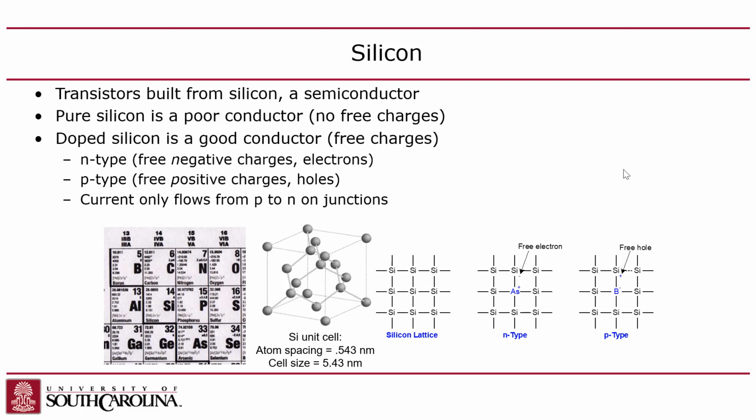What happens is, if you put a positive voltage on the P relative to the N, the charge carriers inside the N, which are negative electrons, those are the majority carriers, start to accumulate at the junction. Likewise, the charge carriers on the P side, which are holes, represented as little plus signs, go towards the junction.